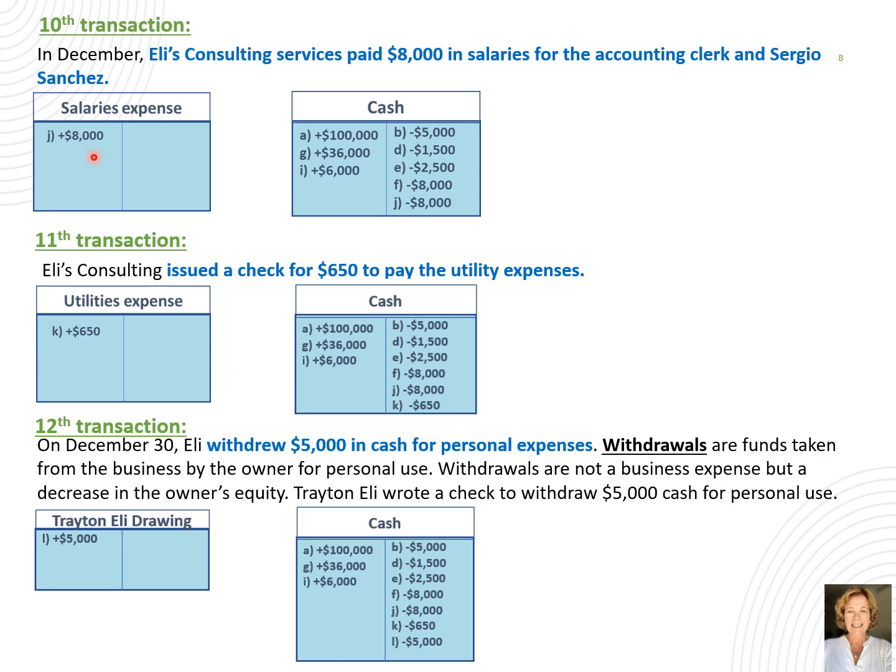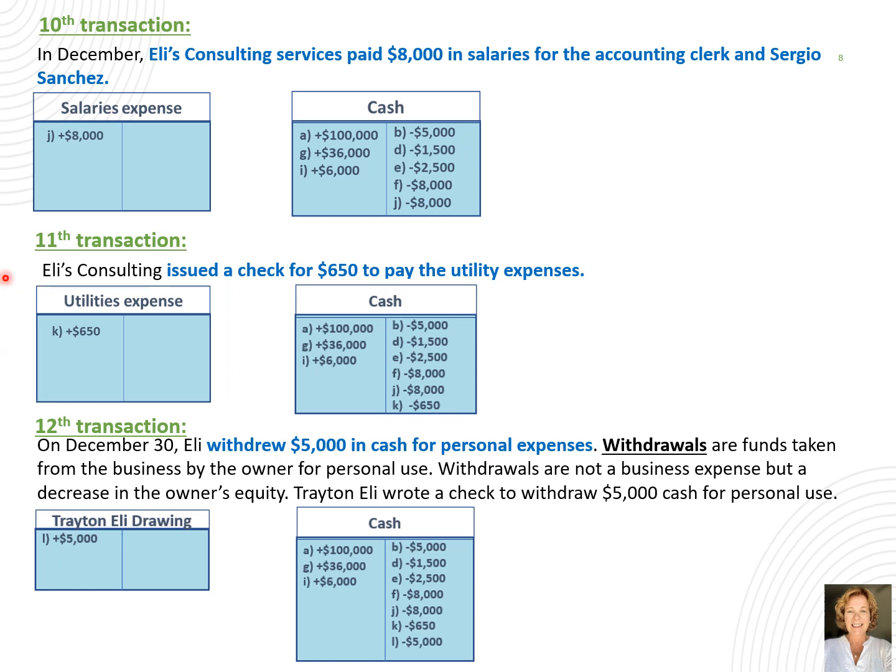So easy to remember probably. And revenue always increases with credits. So salaries expenses are debited for $8,000, and we're paying it with cash, and our cash decreases. Therefore, we credit cash for $8,000.